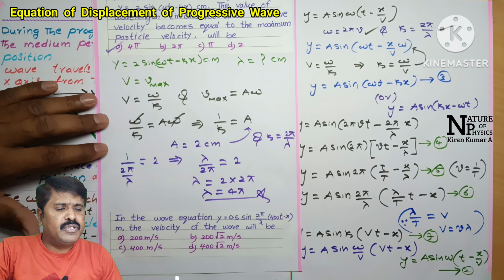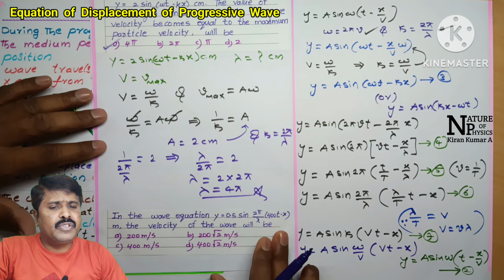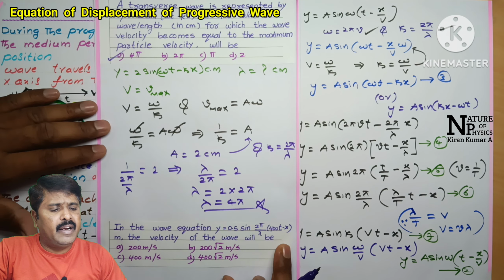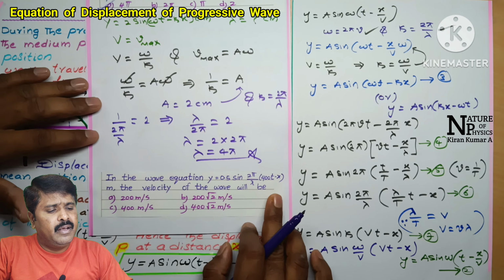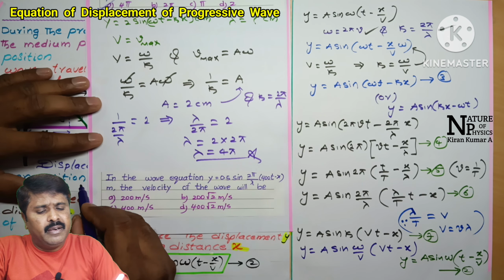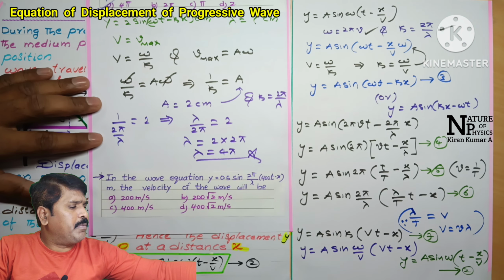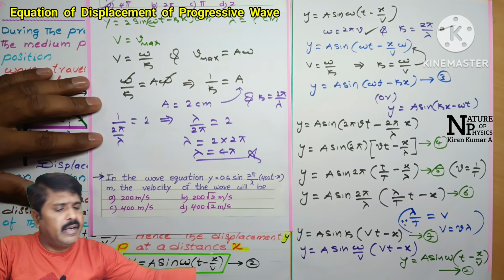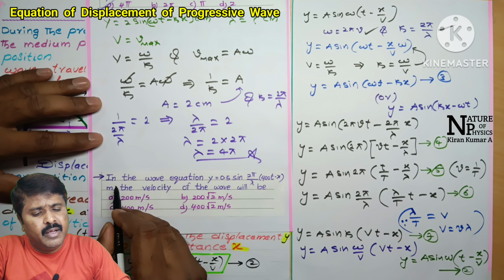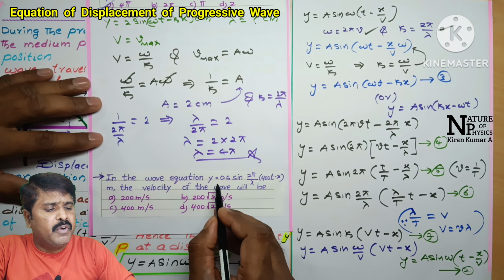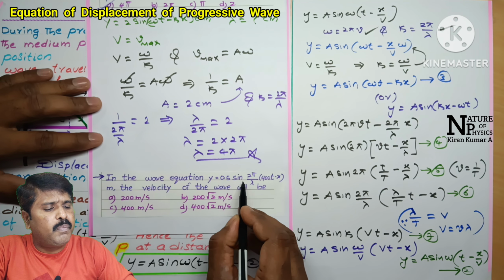Okay, and also the next question is there. See student, the first one is completed, and for the next question, the values are given one by one, I will read and replace the values. In the wave equation, y is equal to 0.5 sine 2 pi by lambda into 400 into t minus x is given, student.